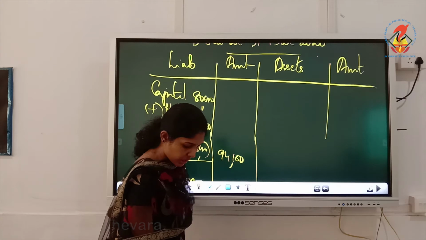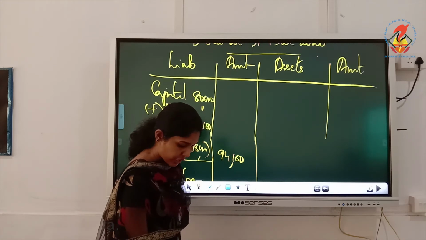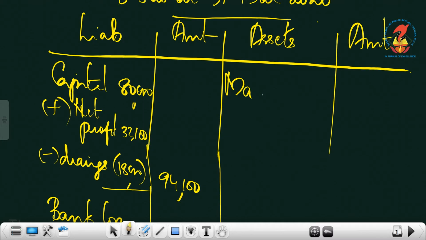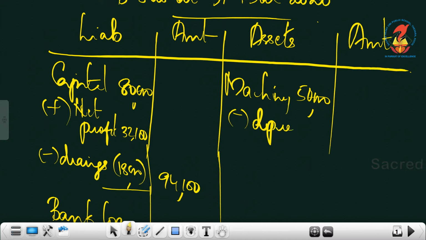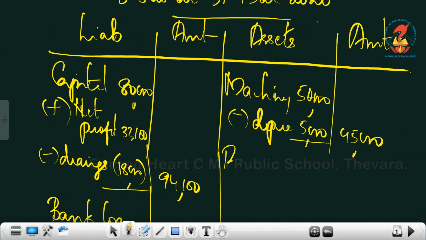We have here machinery 50, furniture 14, and with that you have to consider something, that is depreciation. So less depreciation. What is depreciation on machinery? It is 5,000. Then you have furniture.